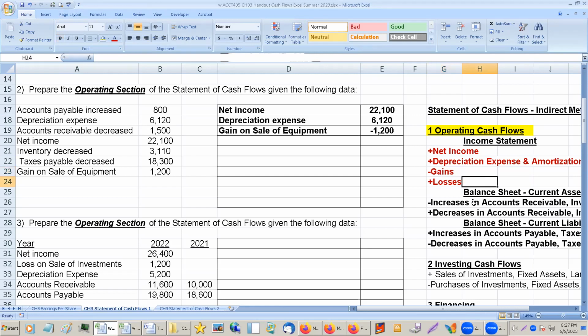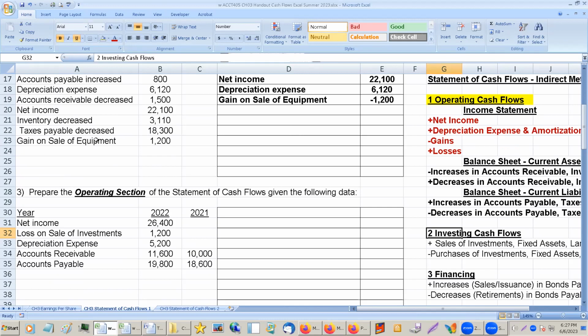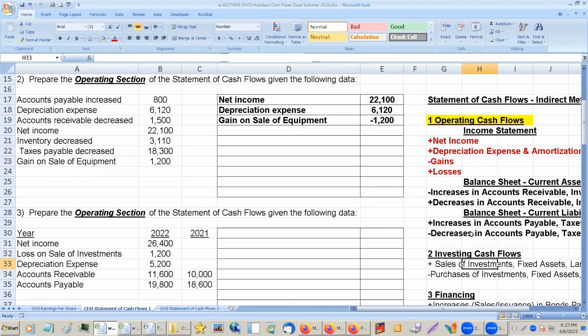Well, basically gains come from sales of long-term assets, and we don't know this yet, but down here for the investing cash flows, this is where we deal with long-term assets. So we're basically taking it out of this category and moving it down here to the investing cash flow, which we'll talk about in like 5-10 minutes. So think opposite day when it comes to gains and losses. Gains get subtracted, losses get added.